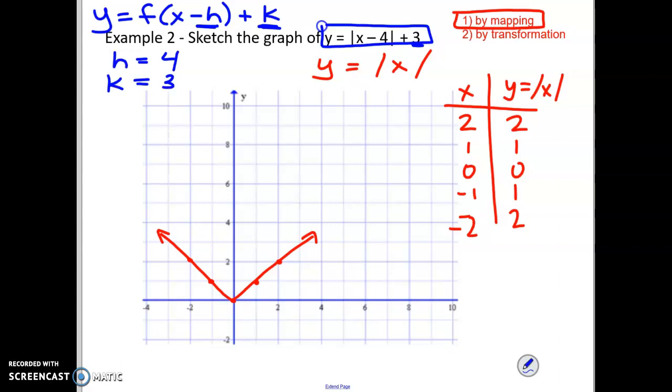So if h is positive 4, that's 4 units right, and k is positive 3, so that's 3 units up. I can take this V-shaped absolute value graph and move it all 4 units over and 3 units up. So my vertex is now going to be up here, and then that V-shaped graph would be from that point.